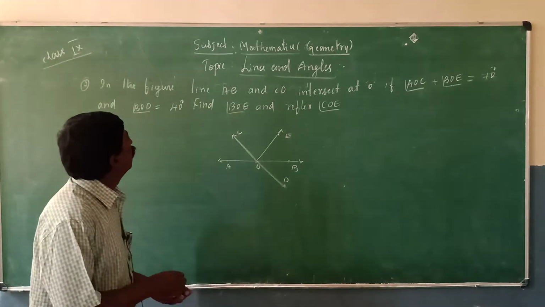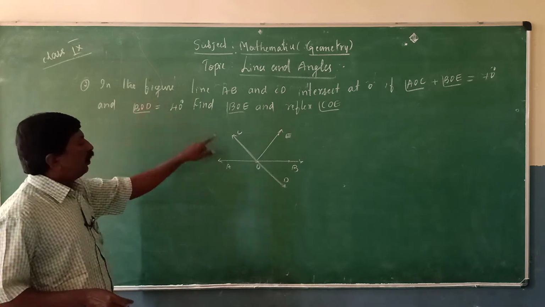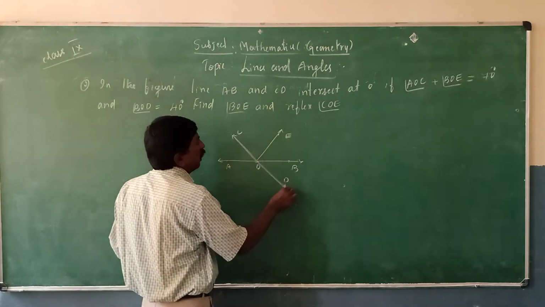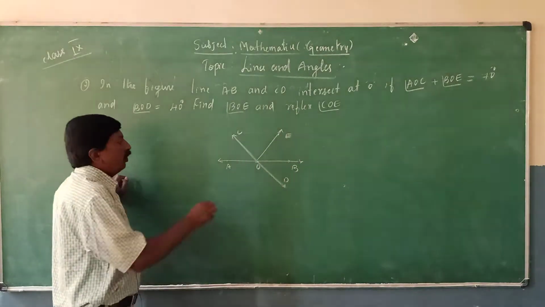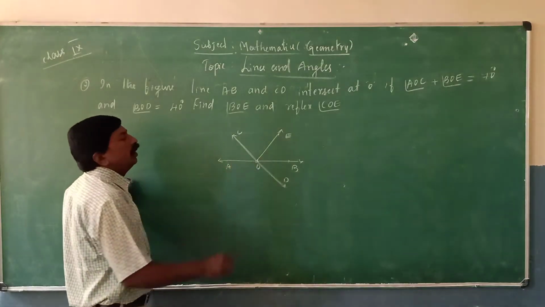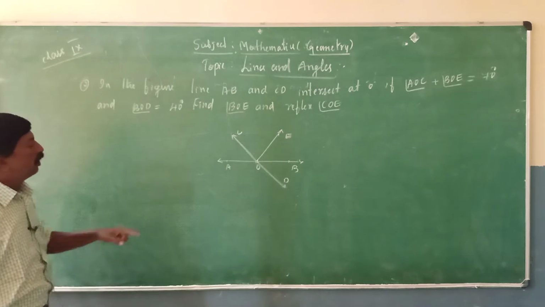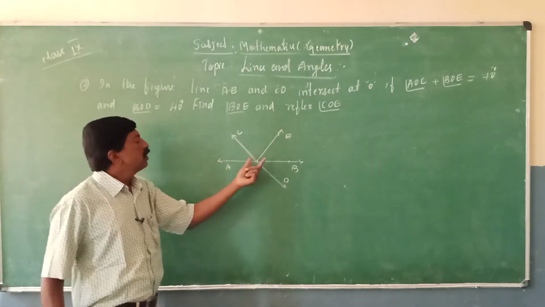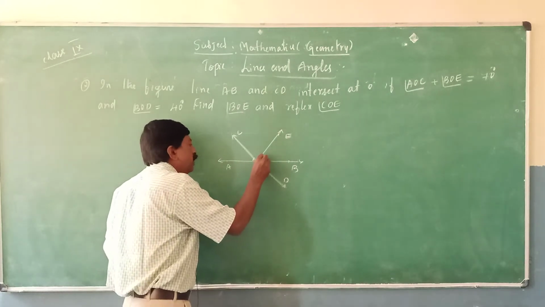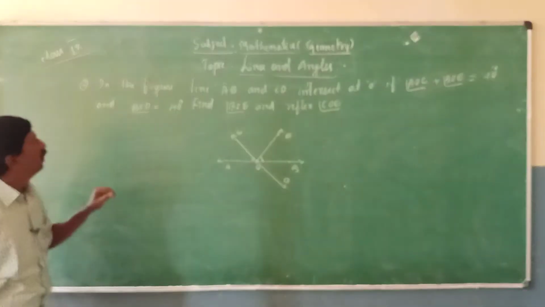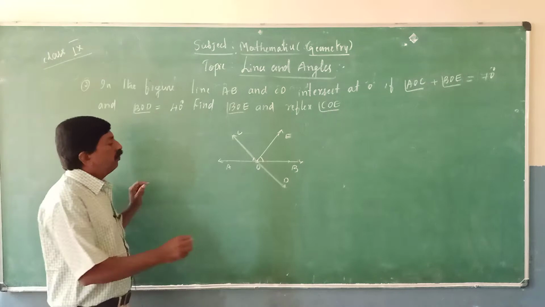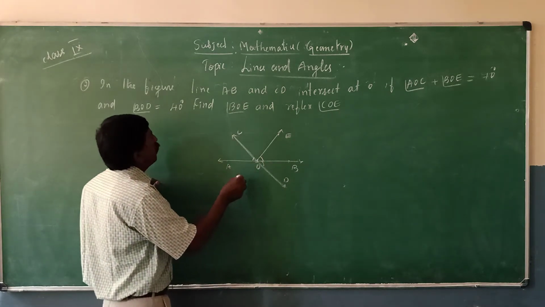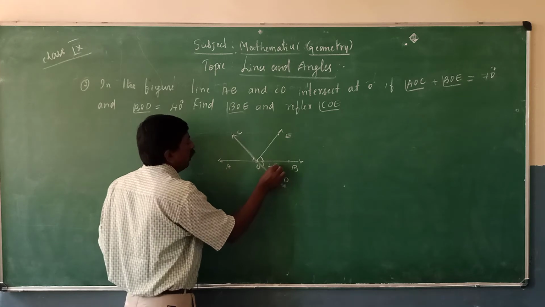Observe carefully. From this figure, AB is one line, CD is another line, and they intersect at O. If AOC plus BOE, the sum of these two angles, is given as 70 degrees, and BOD, from the figure, is 40 degrees.